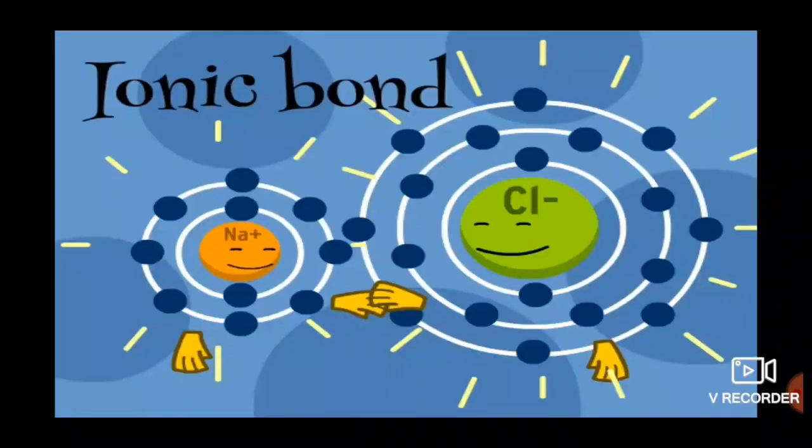Coming to the first category, ionic bond, which is otherwise called electrovalent bond, is formed by transfer of one or more valence electrons from one atom to the other. On the screen we have Na+ and Cl-, and they look so happy after transferring their valence electrons.